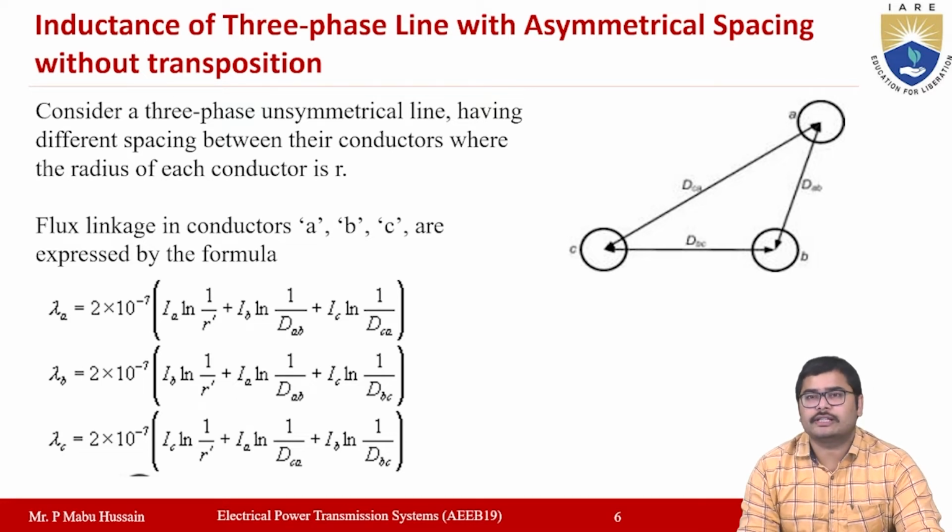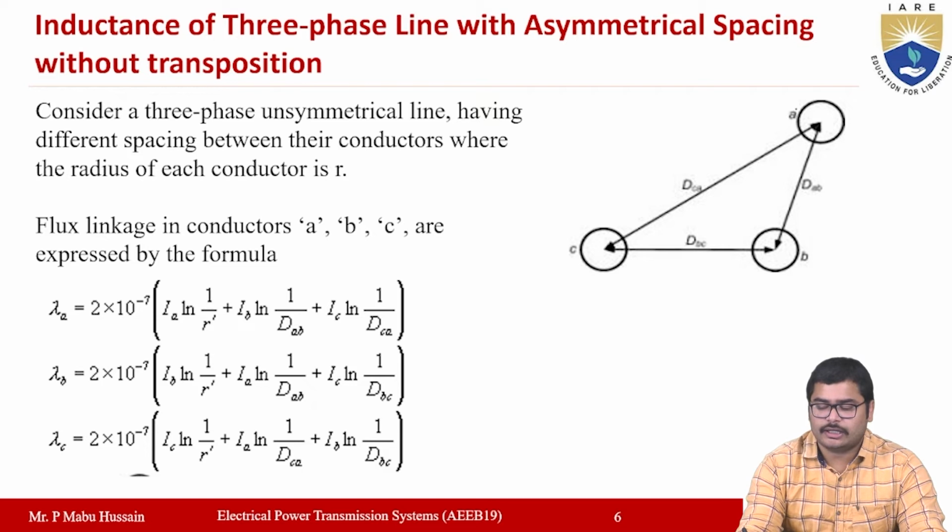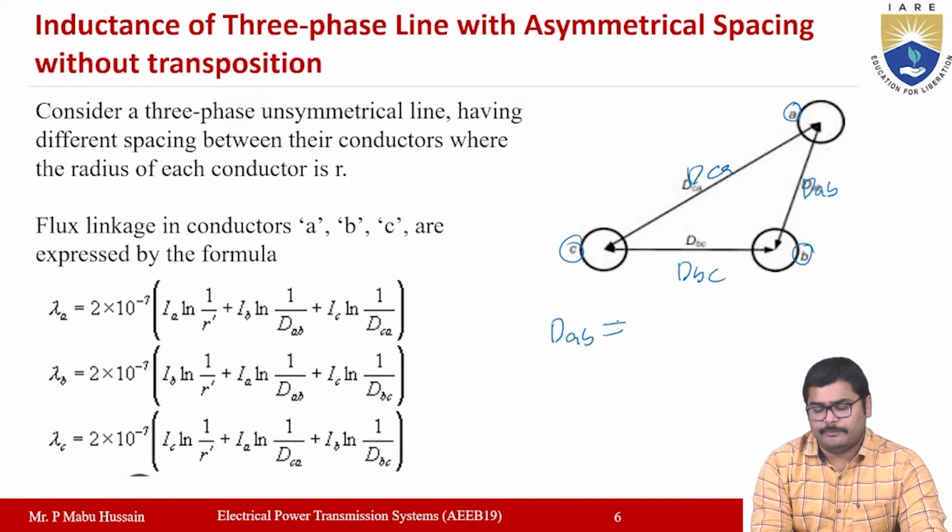Suppose you take a 3-phase transmission line with conductors A, B and C. If you observe the distances DAB, DBC or DCA, DAB may not be equal to DBC and may not be equal to DCA.